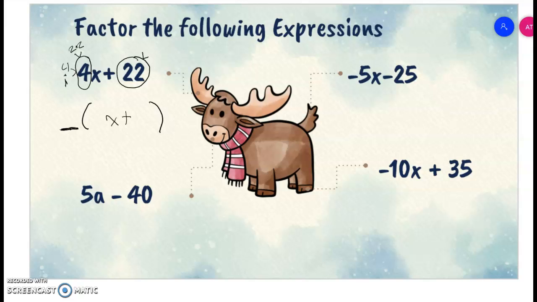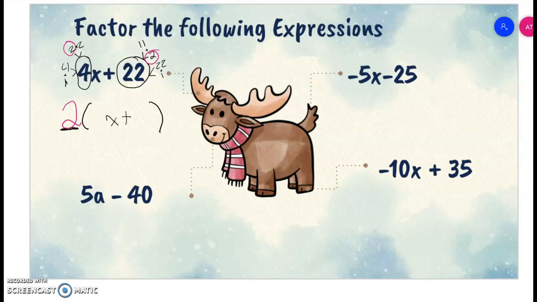Well, let's look at what the factors are for 22. I know the factors of 22 are 11 and 2, and 22 in itself. So what do these both have in common? Well, they both have a 2 in common. So I can take a 2 out of both of these numbers.